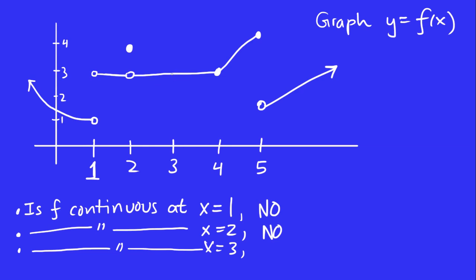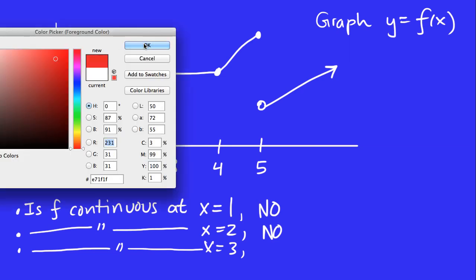You don't. Often we write dots just to emphasize that we're looking at that point, but it really doesn't matter if a person draws a dot there or not. The essential thing is that notice at 3, when I draw, let me change color again just quickly.